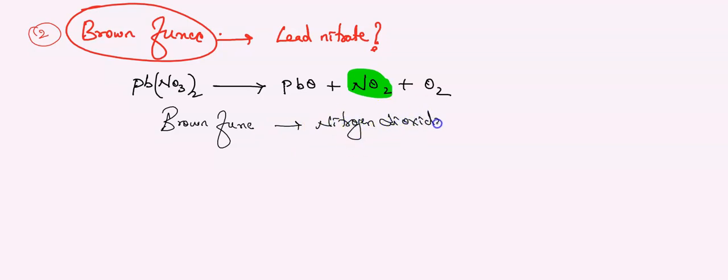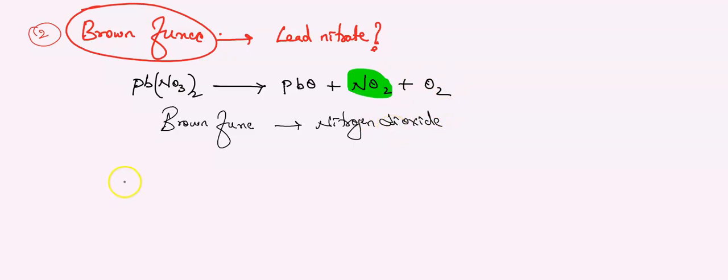So the color of the nitrogen dioxide is brown here. Okay. So do remember, when lead nitrate is heated, we get lead oxide, nitrogen dioxide and oxygen, in which the color of the nitrogen dioxide is brown. So that is the brown fumes.